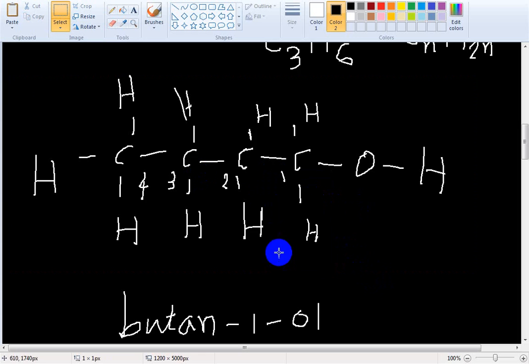This one is butan-1-ol because the hydroxyl group position is 1.